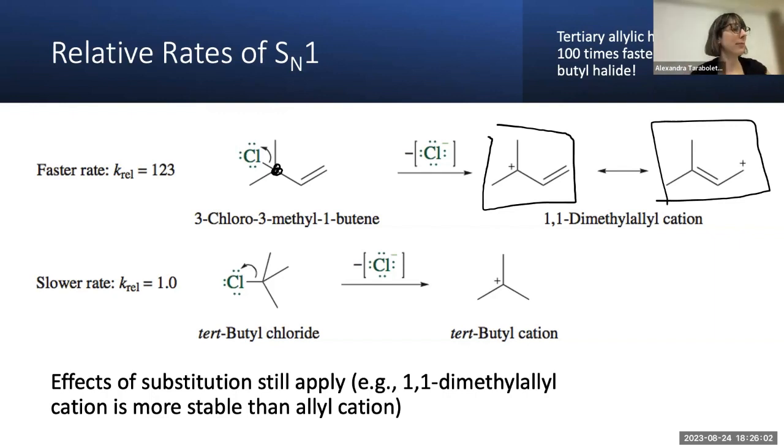So is that another way of saying it spends more time in that state? That's exactly what that means. It's spending more time in that state. But the point here is when you're doing one of these SN1 reactions and you form a carbocation, if it is next to a double bond, just remember now you've opened up the potential for this resonance.